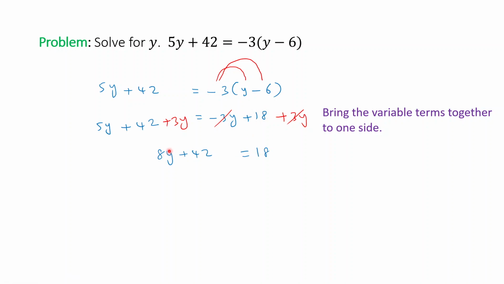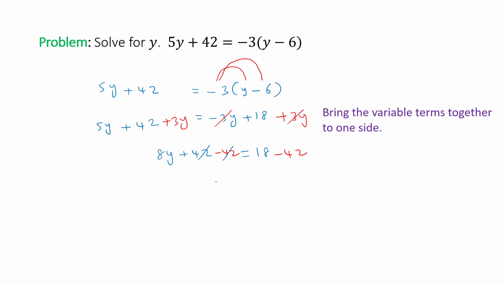Now you need to isolate this term. To isolate this, you need to subtract 42 from both sides. Positive 42, negative 42, you can cancel.